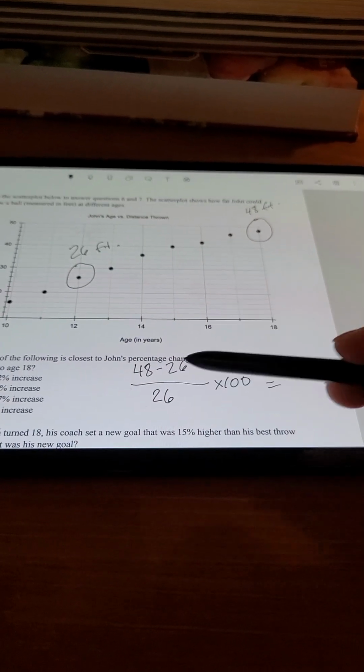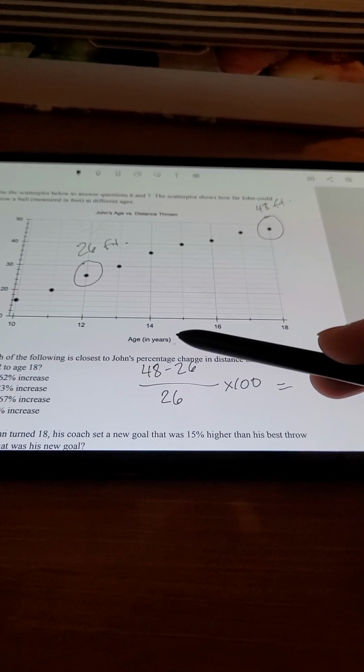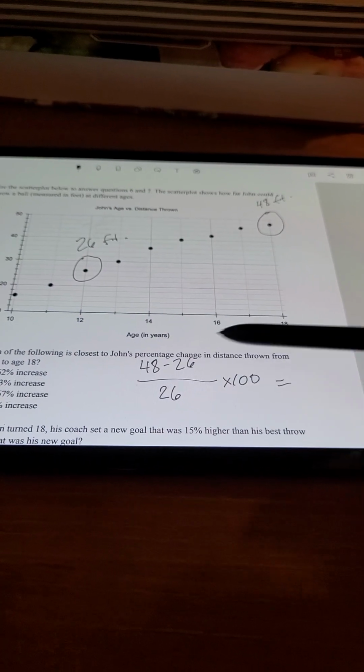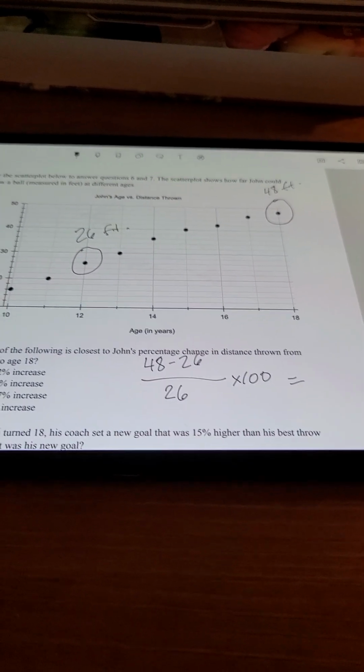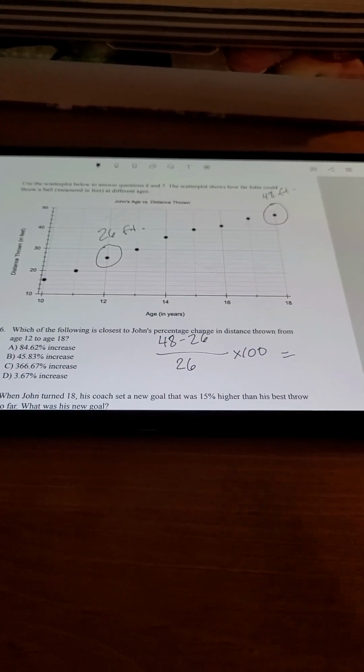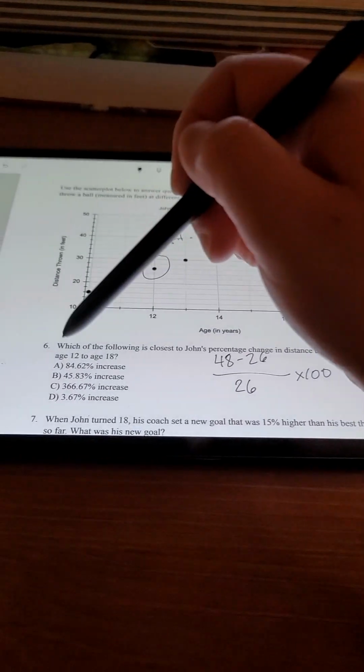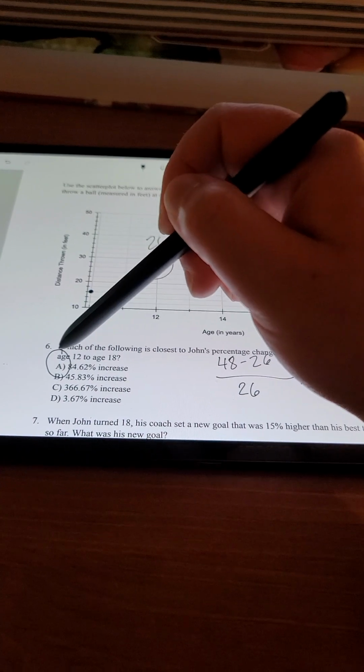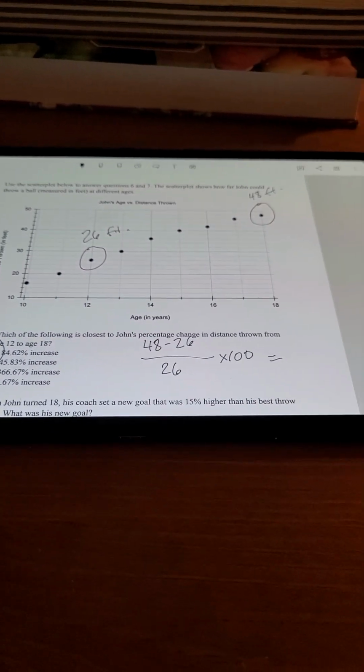You're going to plug this into your calculator, so you should get 22 over 26 times 100. And when you plug that in, you should get that this is closest to A, 84.62% increase.